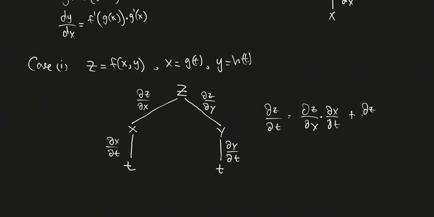So dz/dy times dy/dt. Now, this is where you start to see that you can't really treat these as fractions. Here is why. Because if you just say, oh, let me just cancel these out and cancel these out, well, if you treat them as fractions, you realize that something is messed up.